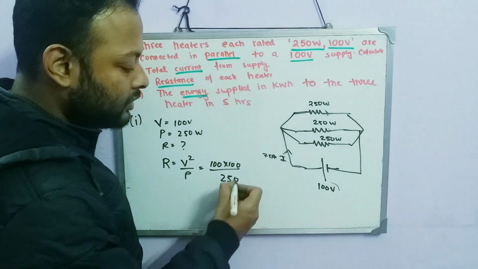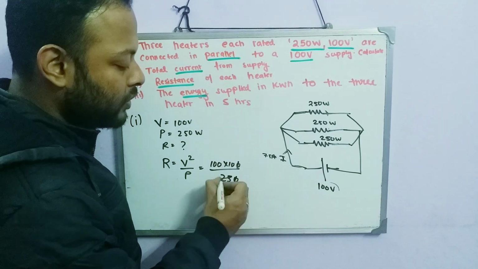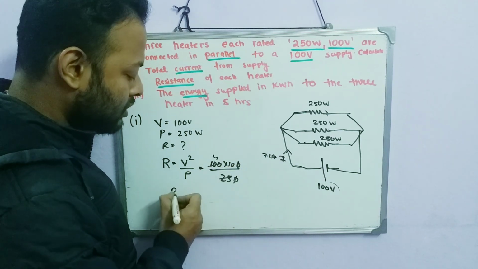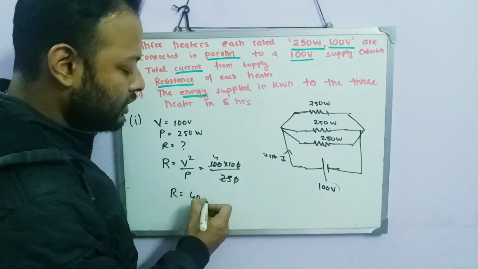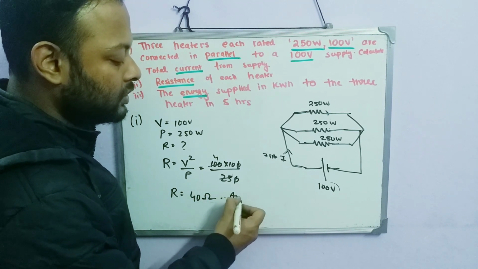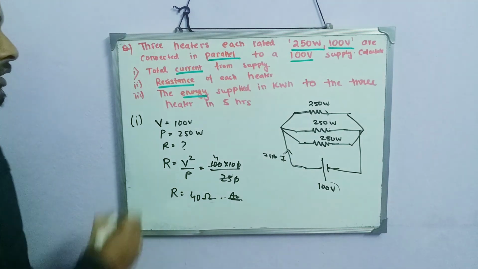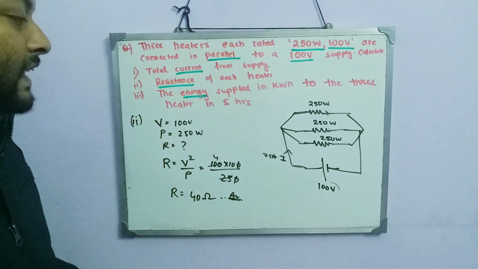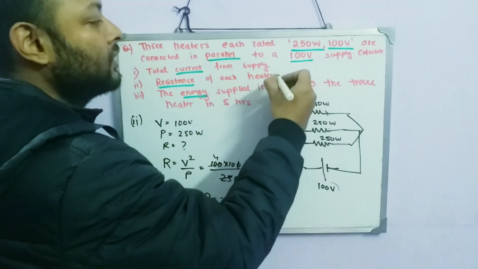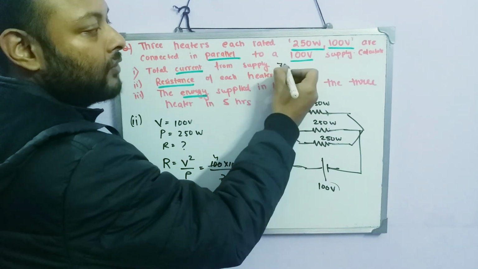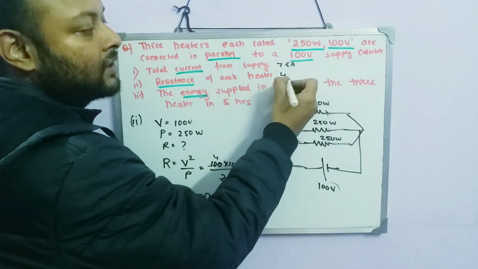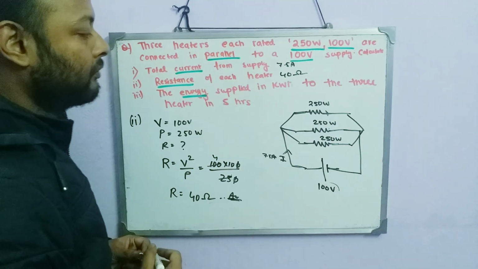If you solve it, 0, 0 cancels, 25 ones are 25, 25 fours are 100. So resistance becomes 40 ohm. So this is your second part. The current I got is 7.5 ampere and the resistance of each is 40 ohm.